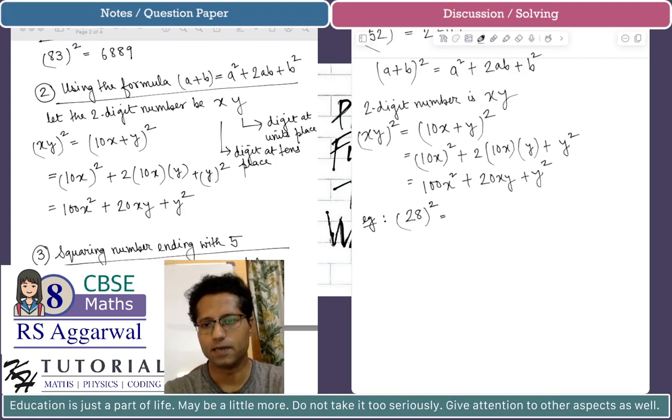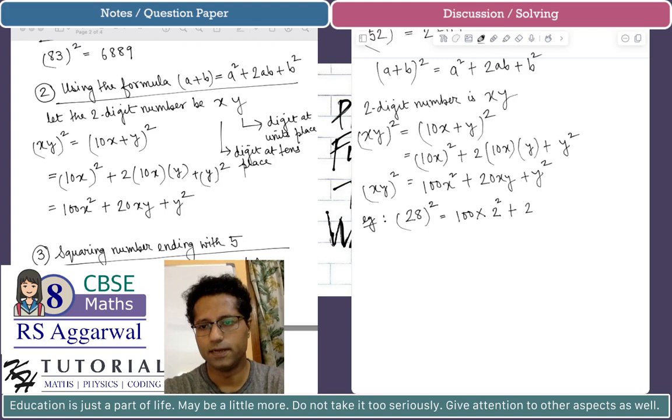So if I apply the direct formula, xy whole square is 100x square plus 20xy plus y square. So I have 100 into 2 square plus 20 into x is 2 and y is 8, plus 8 square.